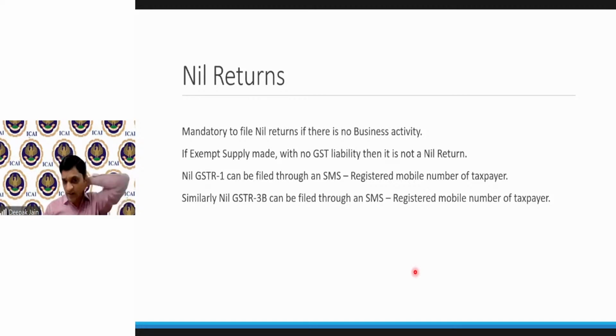Yes, so it is mandatory to file a nil return. So will he file GSTR1, which is your outward supplies nil return, and will he file GSTR3B also as nil return? Many people are saying yes. Everybody is saying yes.